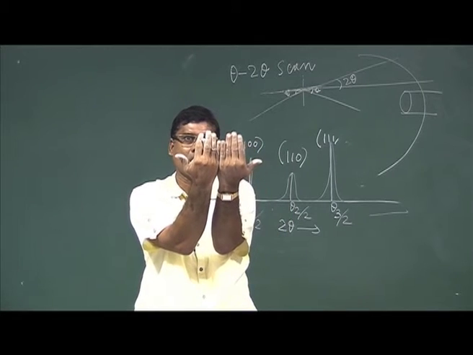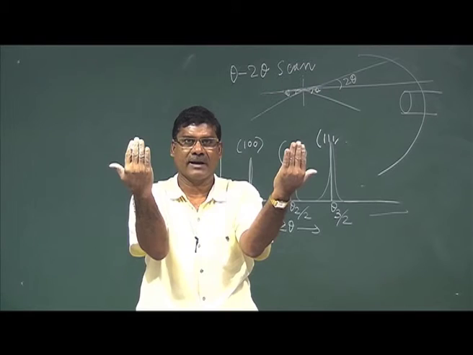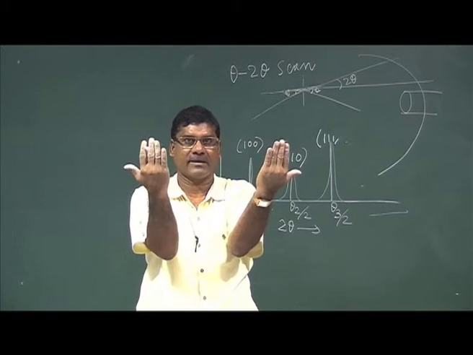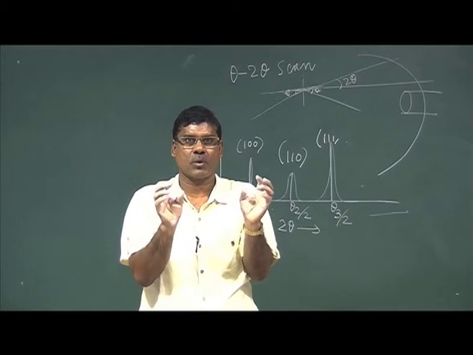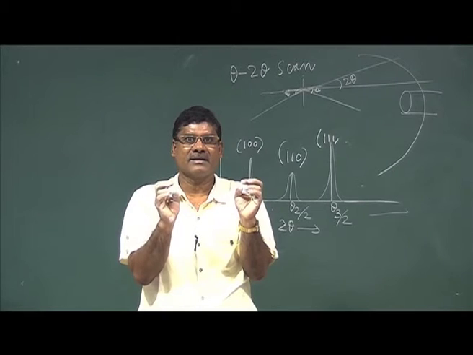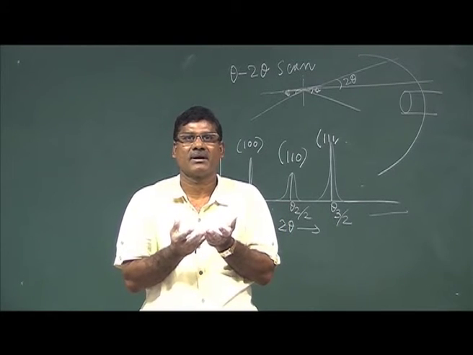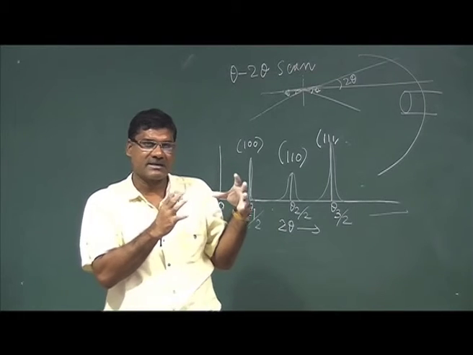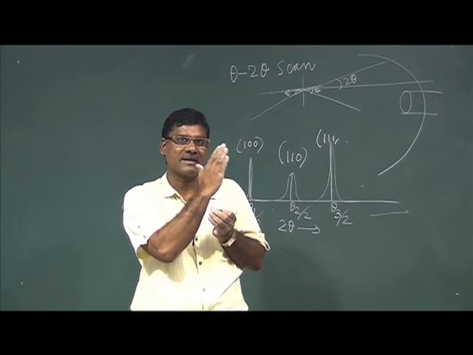All these spots we are taking on a photographic plate, an X-ray plate, which is a flat plate. On the flat plate you will see many spots, and this assembly of spots is nothing but the assembly of the crystal planes.